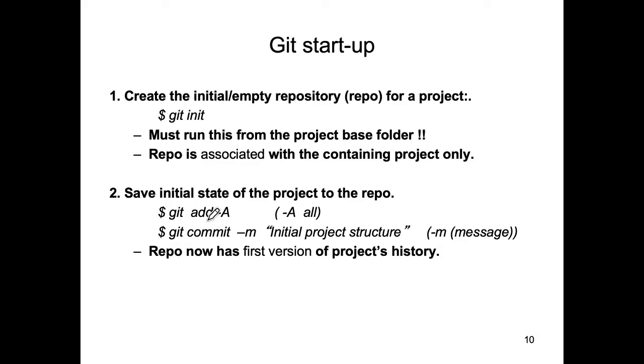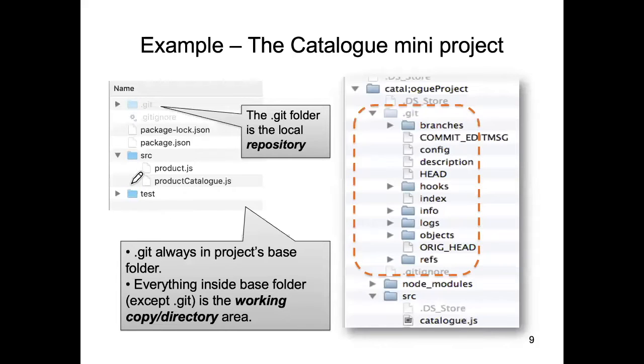We'll see later on why we need two, but the effect of the second one is to cause my Git tool to take all of these files and folders down here and somehow store them somewhere in here. And it'll also record when that happened, and it'll record who I am.